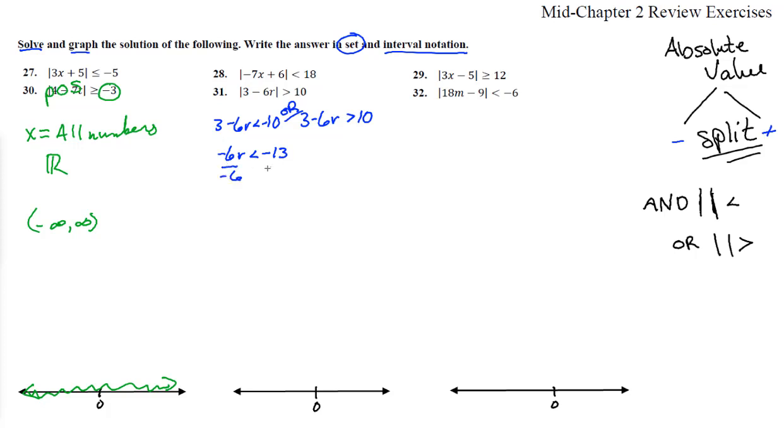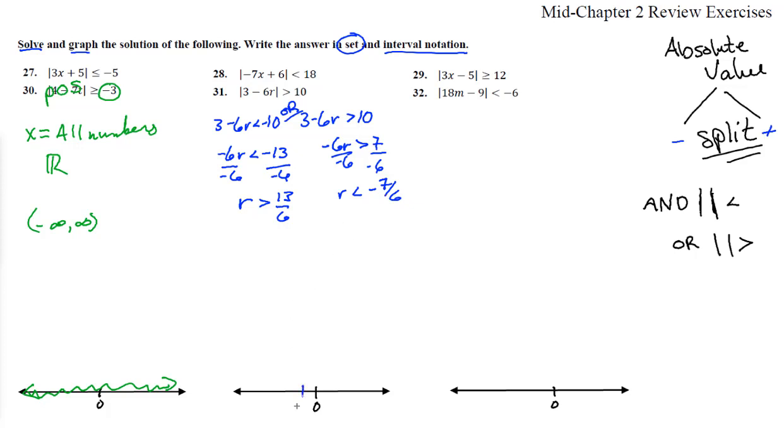Divide by a negative 6. What happens when we divide by a negative? r is greater than 13/6. Over here, subtract 3 from both sides, we get negative 6r is greater than 7. Divide by a negative 6, and we get that r is less than negative 7/6.